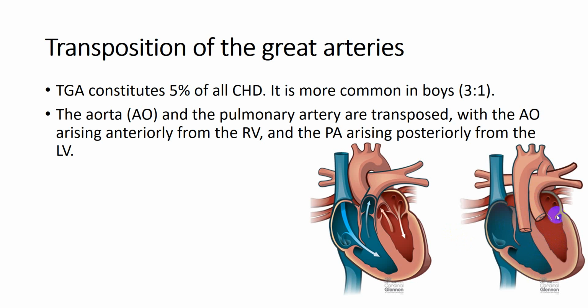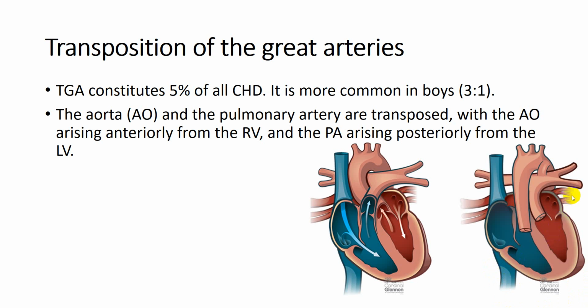So the deoxygenated blood from the SVC and from the IVC comes to the RA, from the right atrium to the right ventricle, from the right ventricle to the aorta, I mean systemic circulation, and returns back to the systemic circulation.